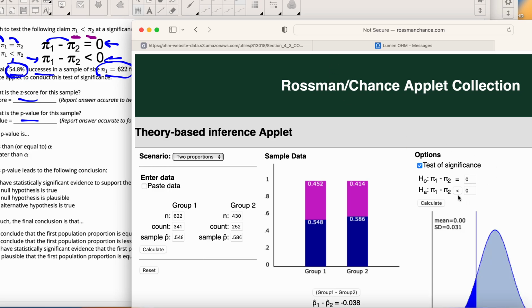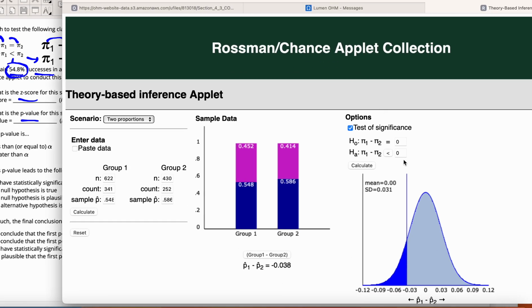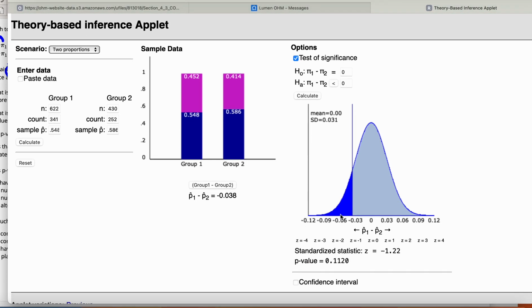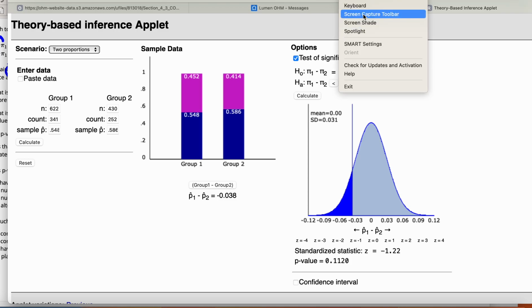I want to make sure that this sign here matches my alternative, which it does, less than 0. Here's my null hypothesis, pi 1 minus pi 2 equals 0, and pi 1 minus pi 2 less than 0 is my alternative. It's going to do all the work for me. My z-score is negative 1.22, and my p-value is 0.1122.